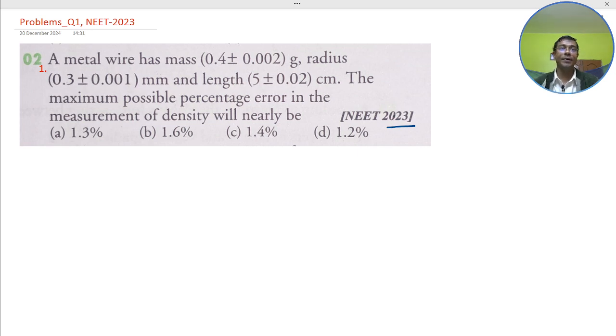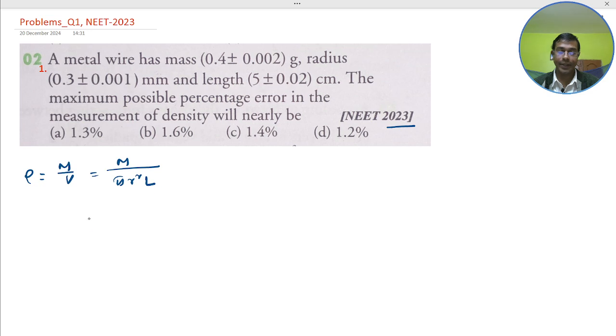It's saying that a metal wire has mass 0.4 plus minus 0.002 gram, radius and length given. Here it's asking the maximum possible percentage error in the measurement of density. So for solving this we know rho equal to m by v, and v means pi r square L, so rho equal to m by pi r square L.